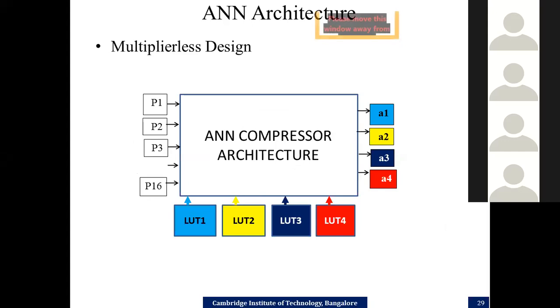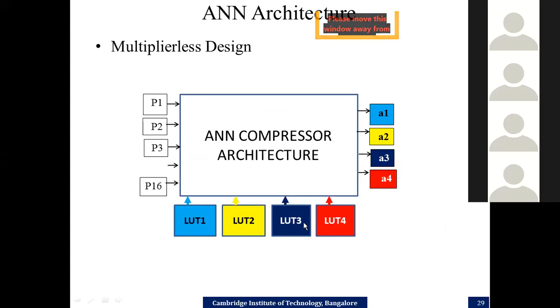For my ANN compressor part, what is the logic here? Inputs P1 to P16, I have taken and attached to this structure 4 LUTs, LUT 1, 2, 3, 4, which are all pre-calculated, pre-defined.